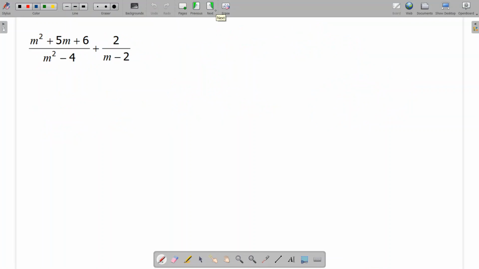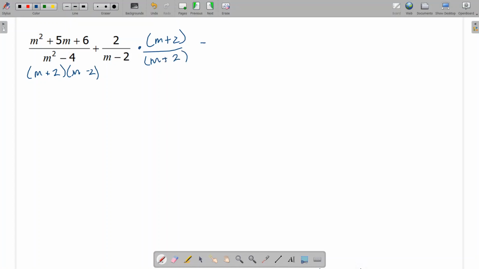Okay, let's see another here. Again, pause and try it on your own. All right, so again, we're looking for similarities between the denominators. I have a difference of squares this time. So I recognize that I need to multiply by m plus 2 over here.